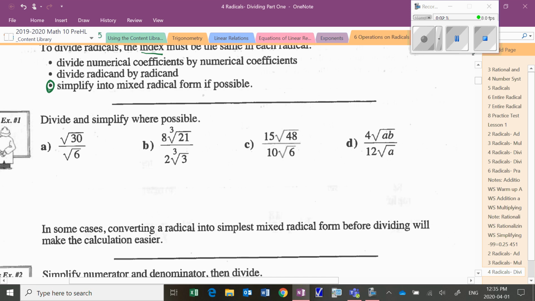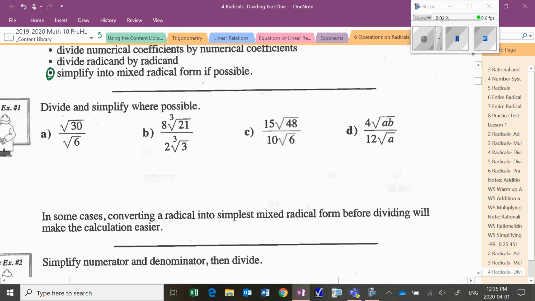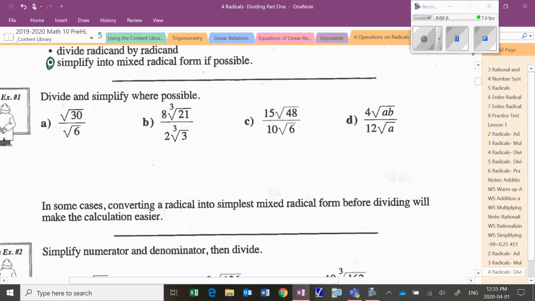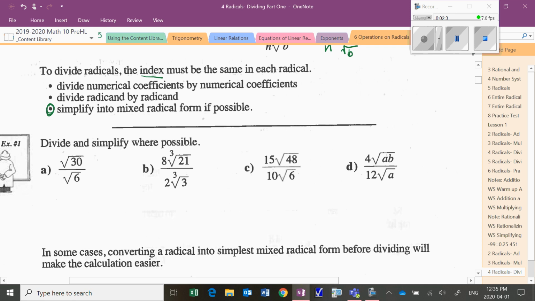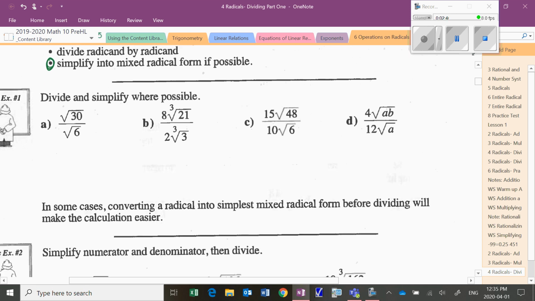There are lots of ways to go through it, and you're going to pick the path that is easiest for you. The other piece that is going to come up shortly is that we also ideally do not want to have a radical left in the denominator. That is something we want to look at when we're considering simplifying. We'll talk about that a little bit later.